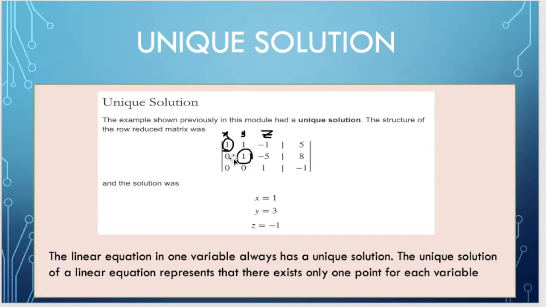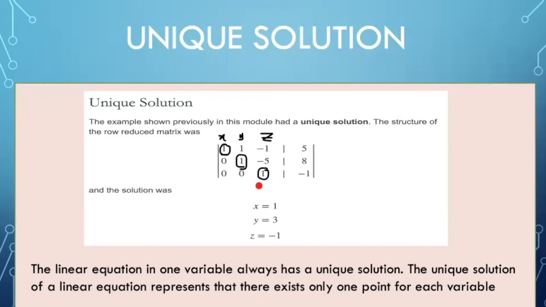The next, this is the third leading value in my third row. In other words, this is the first leading value in the first row, in the second row this is the first leading value, and in our third row, this is our third leading value.